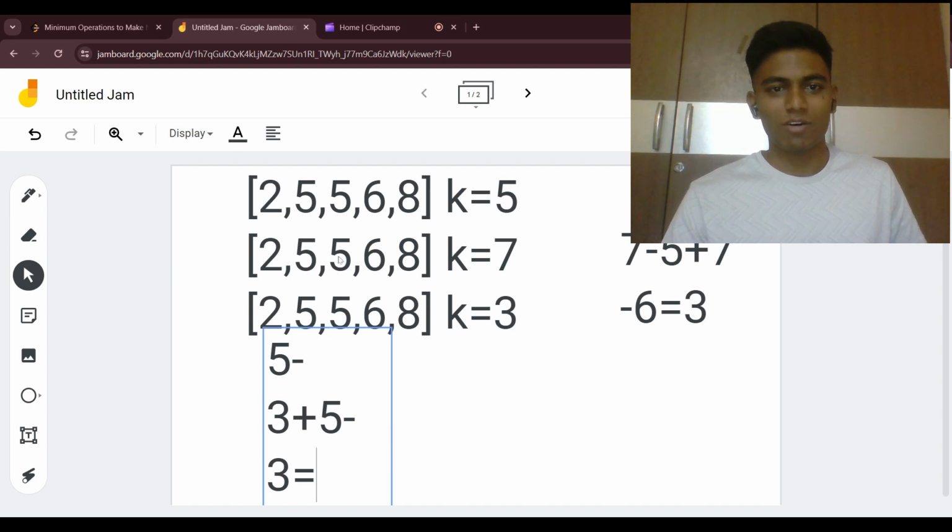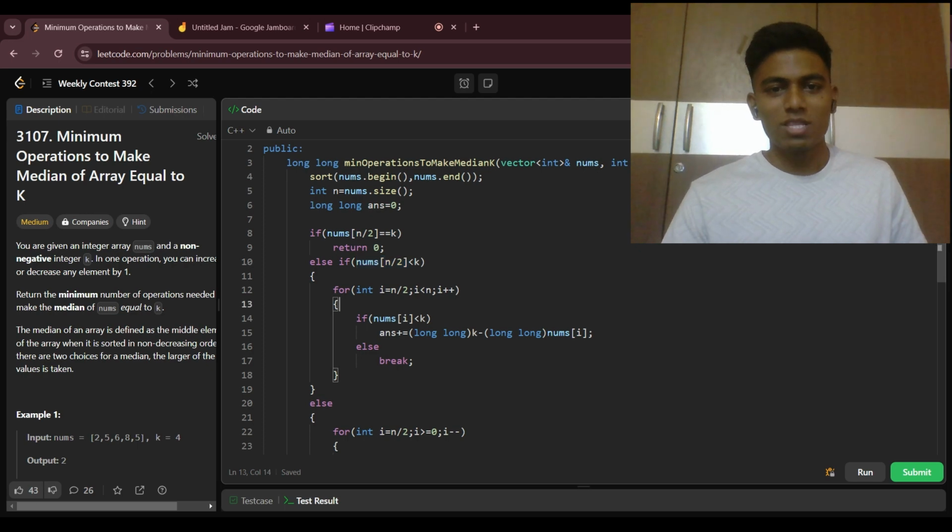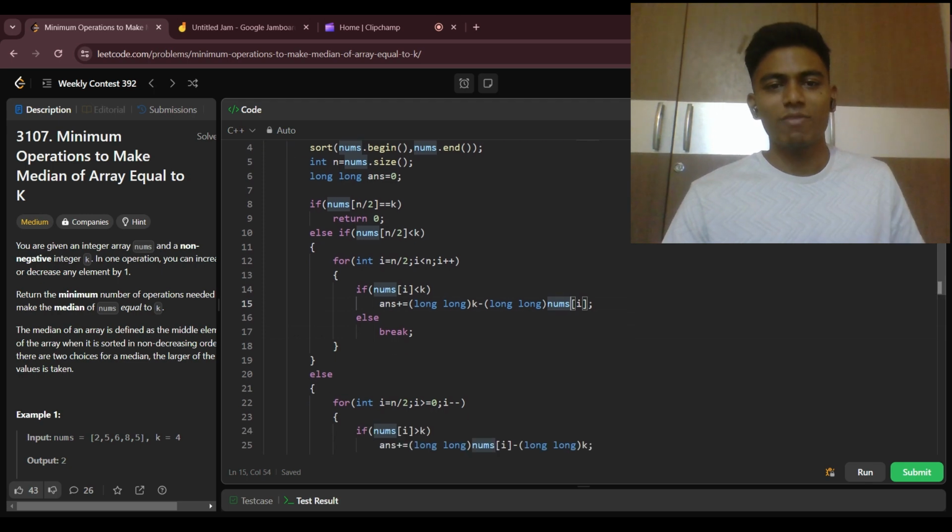For this we are going to consider the right of the median, and whenever nums of i is less than k, we are going to increase it to k. The number of operations required will be k minus nums of i. And whenever nums of i is greater than or equal to k, we do not need to do any operations, and we'll break out of the loop.